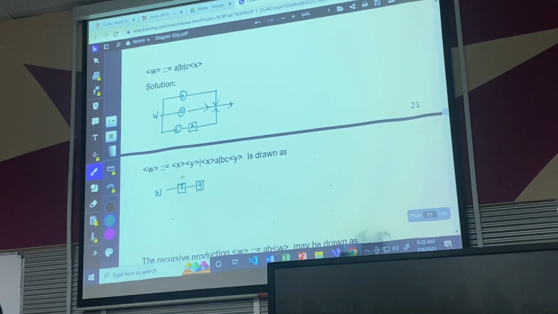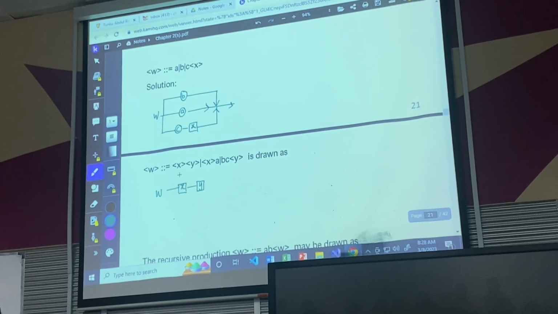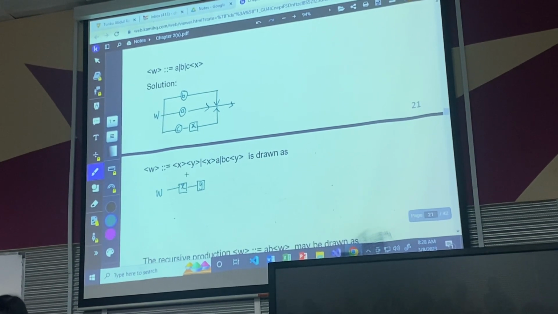So this is the first one. X, Y are all non-terminals because they are in brackets. You can decide: when you see the bracket, that means it is a non-terminal already.